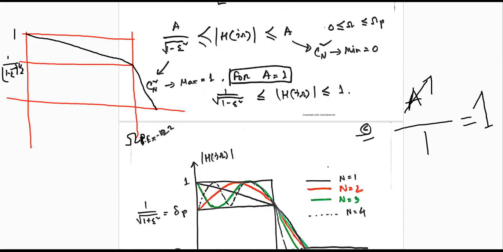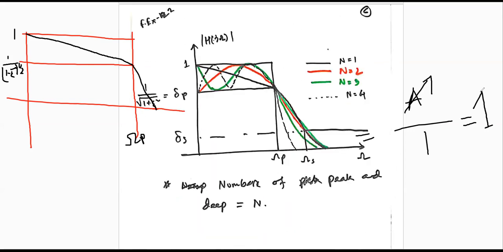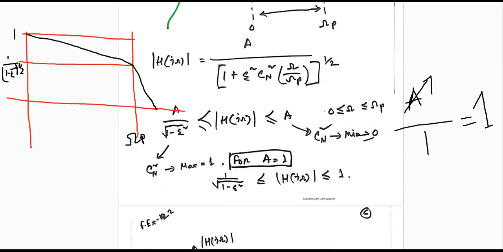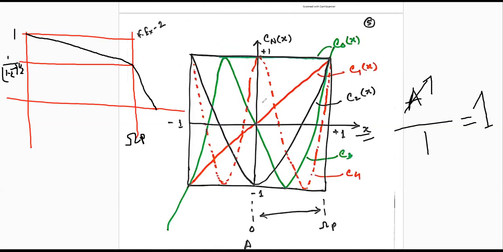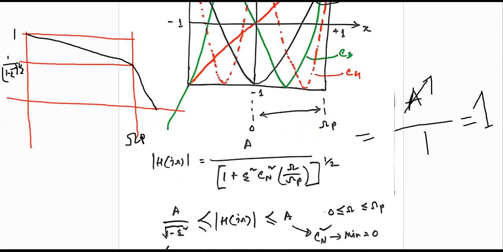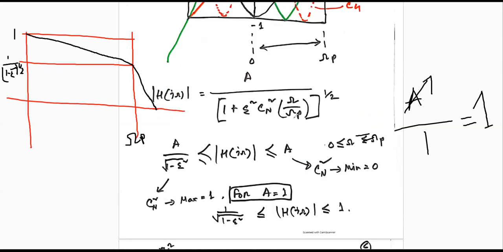Okay, good. What about the second order filter? Here you can see the second order filter, which is this black line. Cn is -1, so Cn squared is plus 1, isn't it? So then what is the denominator?